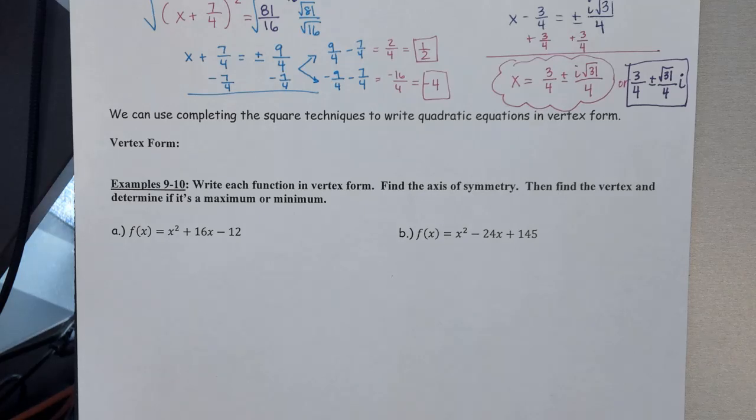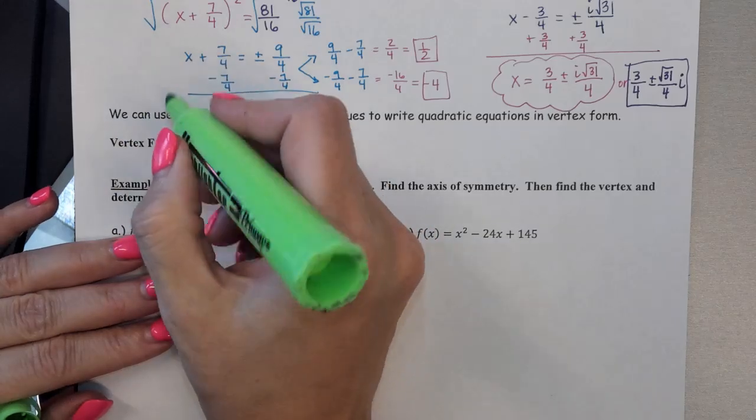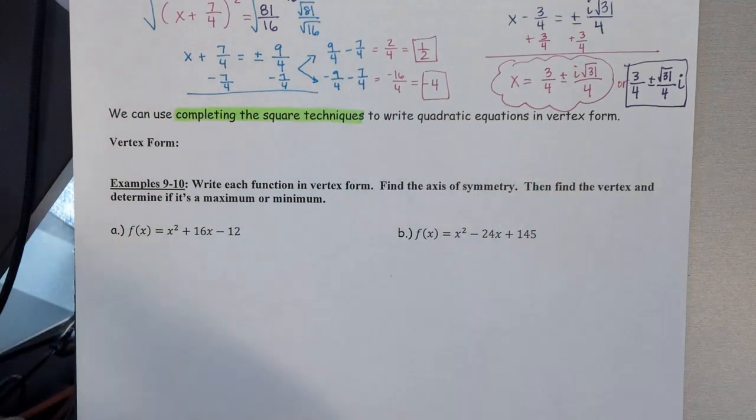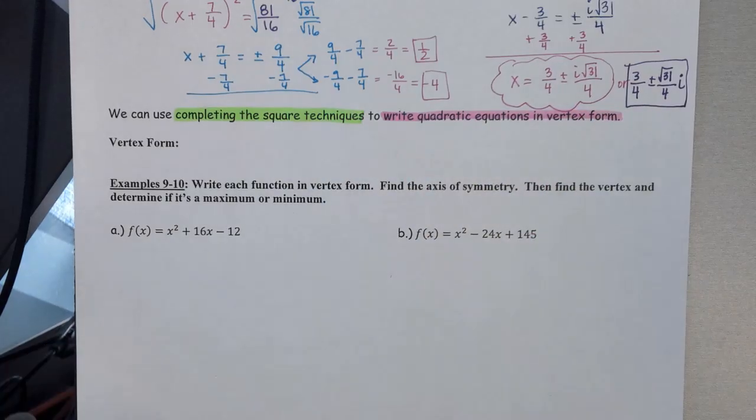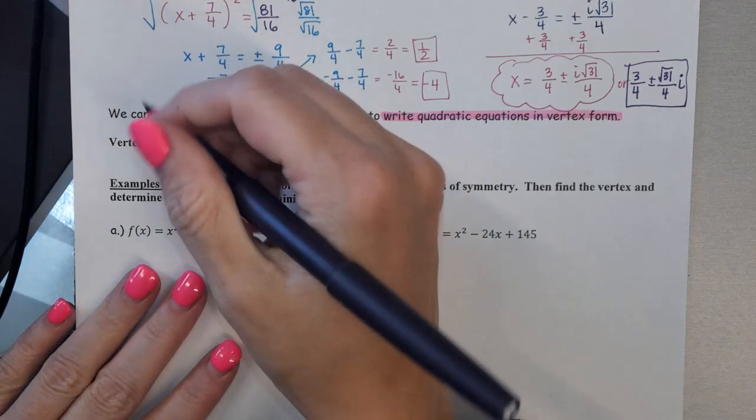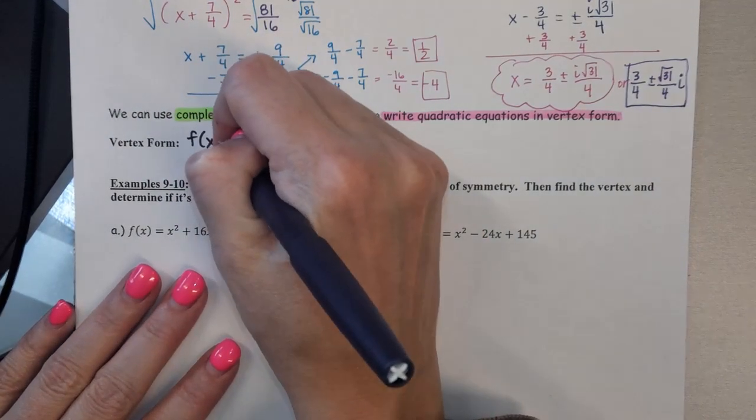And then this next thing we're going to do, we are also going to be using completing the square techniques to write quadratic equations in vertex form. Vertex form should be familiar to you.